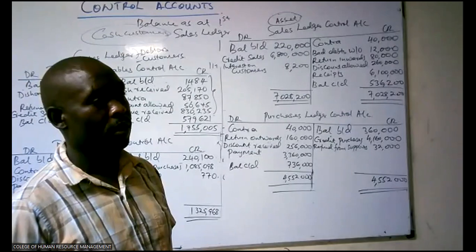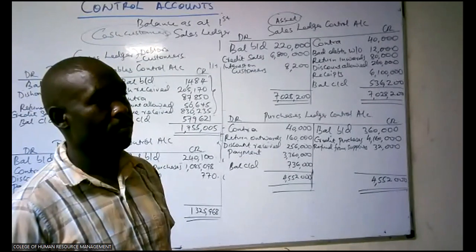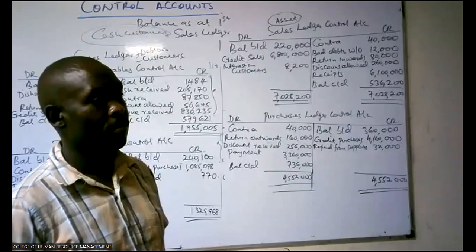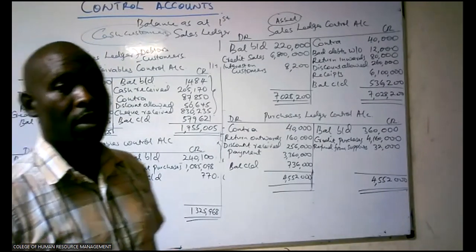So when we say the refund from suppliers is recorded on the credit side, I'm a bit confused there, because if they are refunding the business, isn't that reducing the amount that you owe the supplier? I'm kind of confused there.